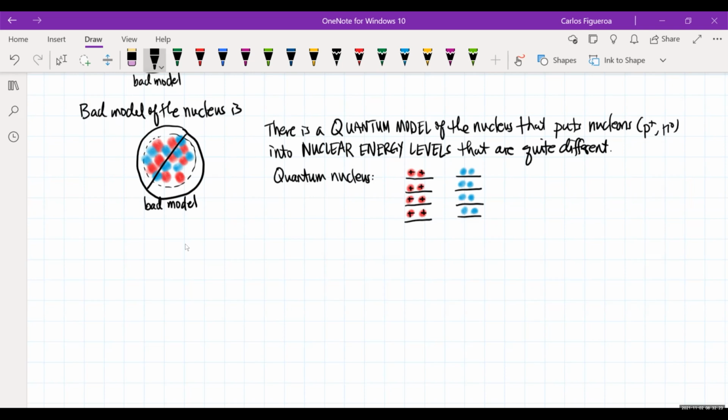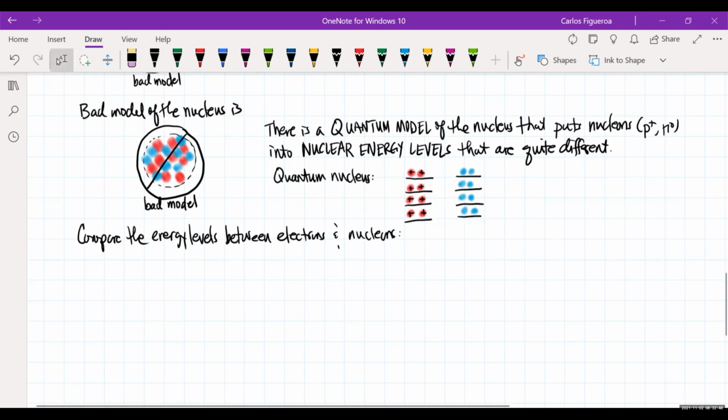So what we're saying here is, if I now compare the energy levels between electrons and nucleons, here's what you find.